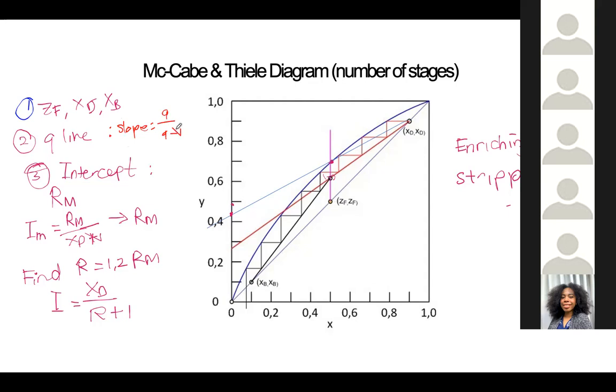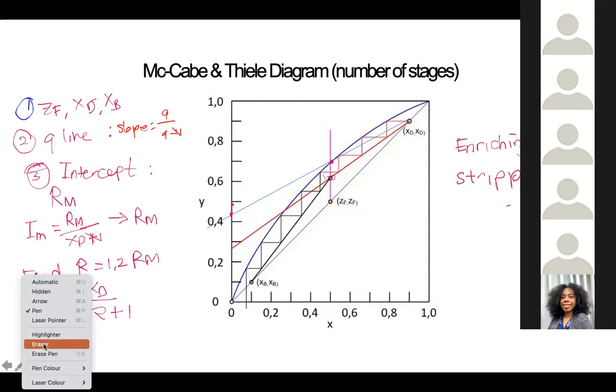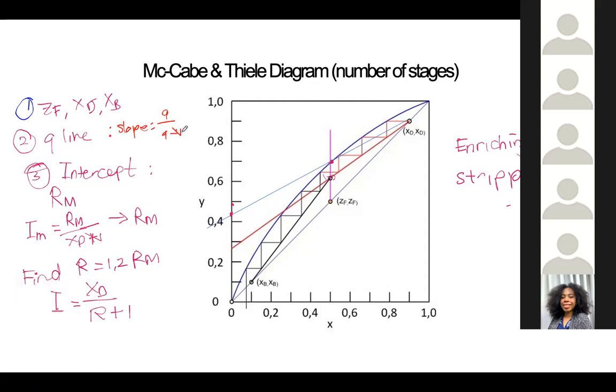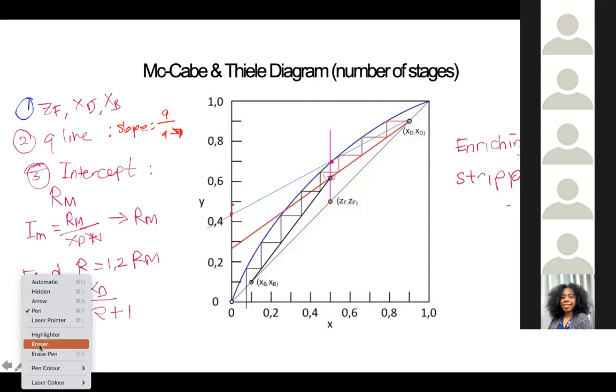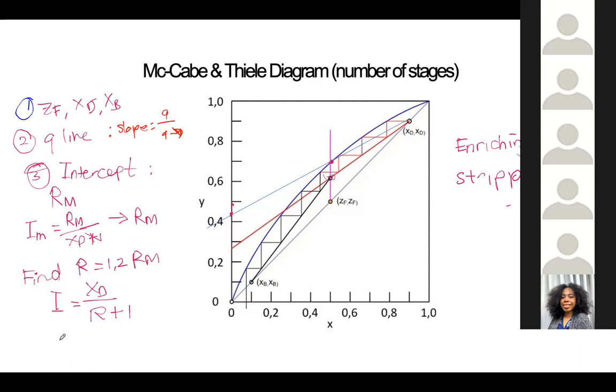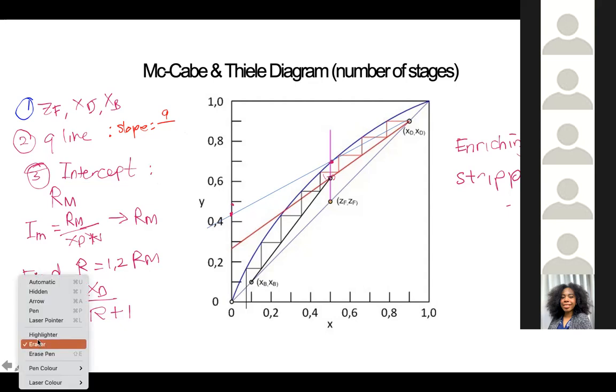Check my formula, sorry. Wait. Q divided by Q minus 1.